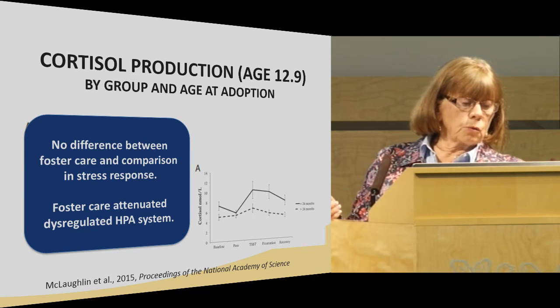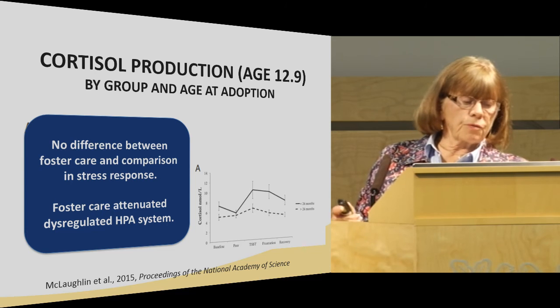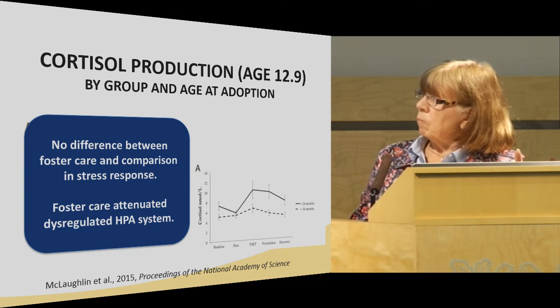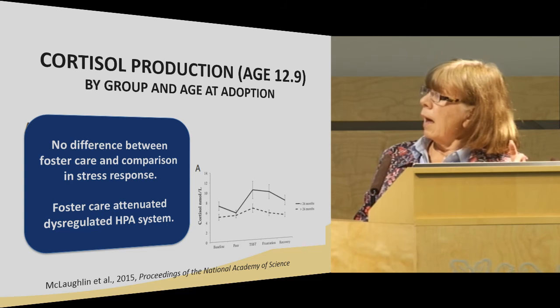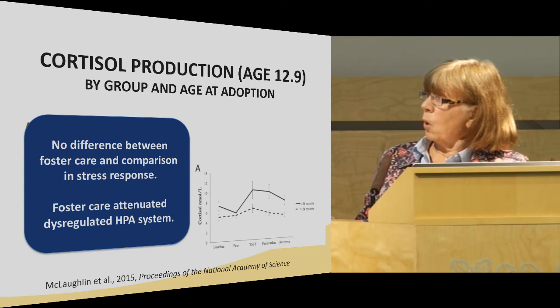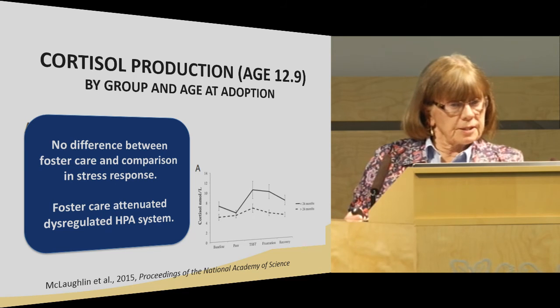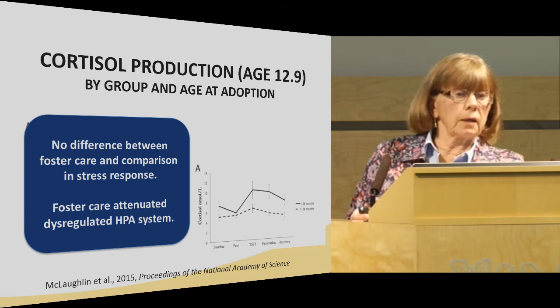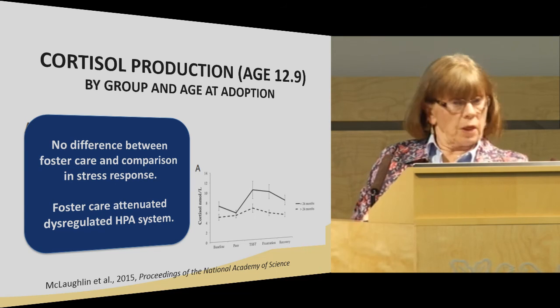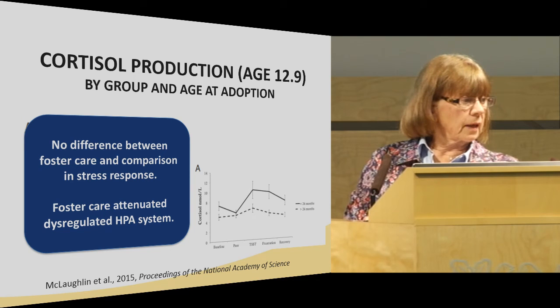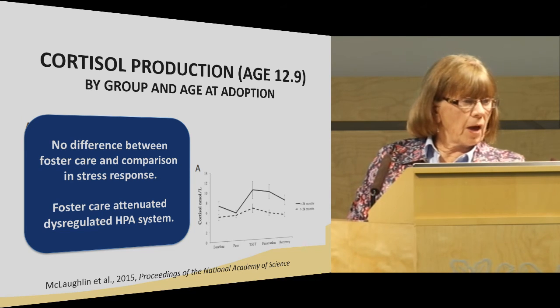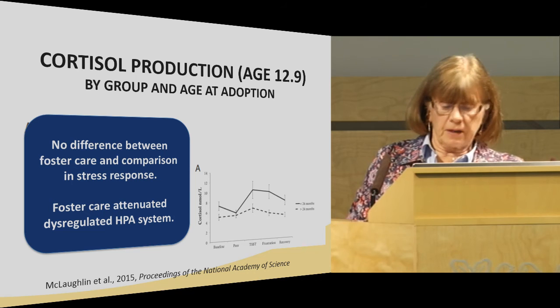So here you see no difference between the foster care and the comparison in their stress response. So it looks as though the foster care may have attenuated the dysregulated HPA. So that's pretty exciting. So that shows that they have benefited from that.